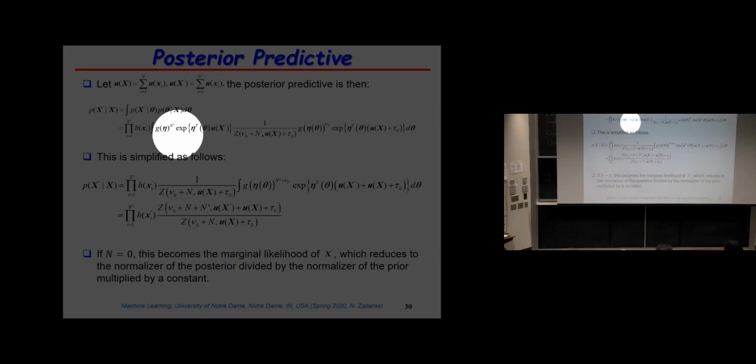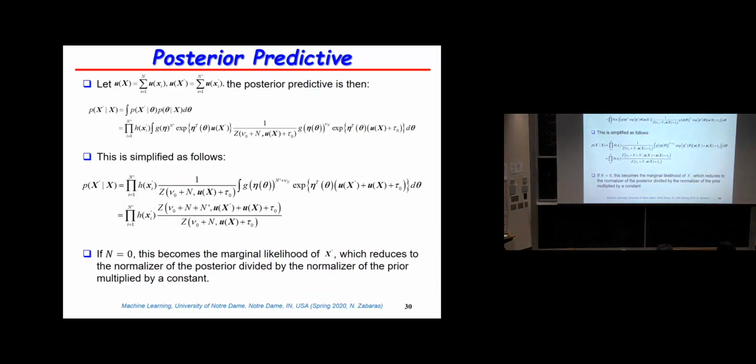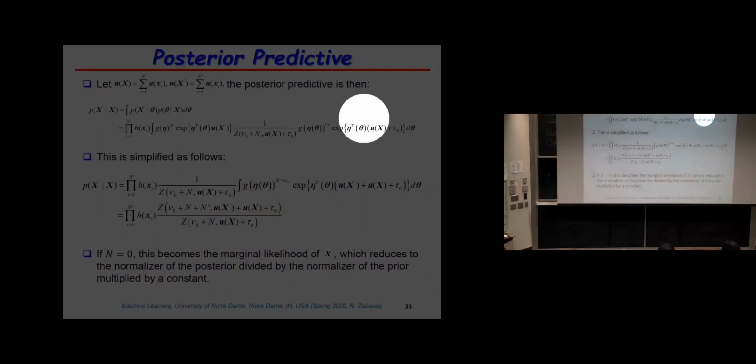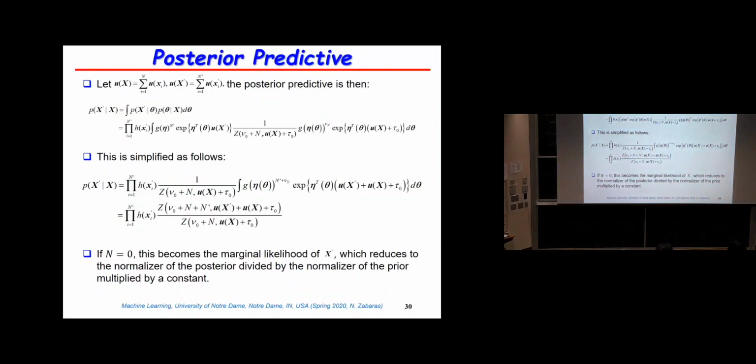The two terms, the second and the third. All right. And what are the last three terms? What is this and this and this? We just proved that the posterior of theta is what distribution? It's in the exponential family with those updated parameters.